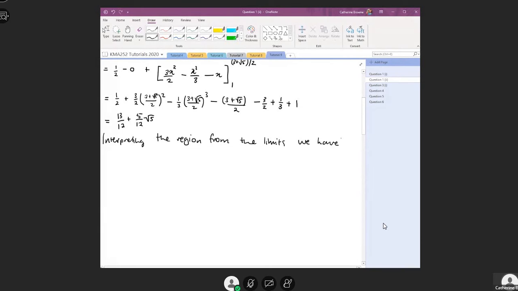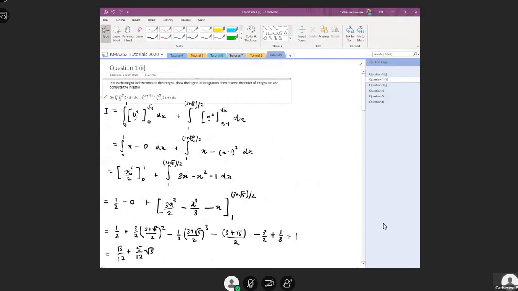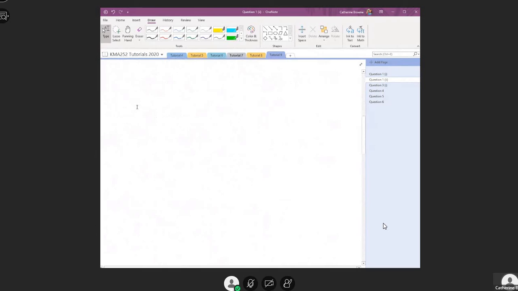So in this one, x was going from 0 to 1, and y was going from y equals 0 to y equals the square root of x.